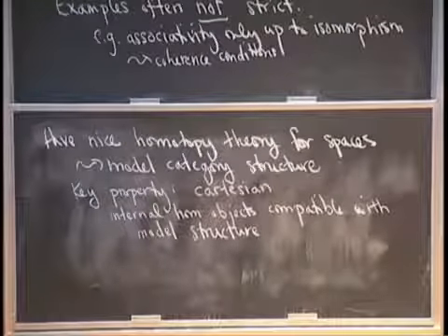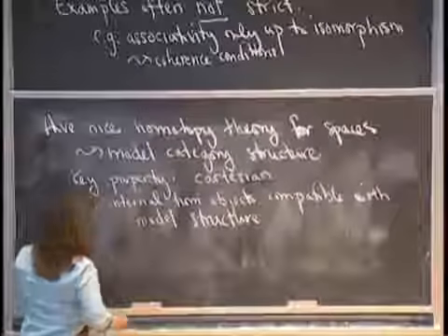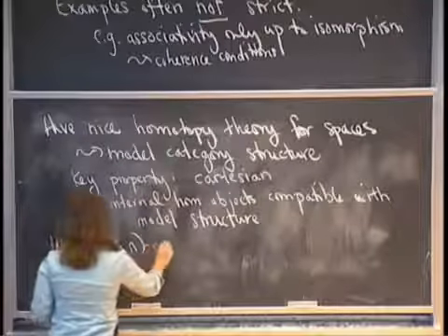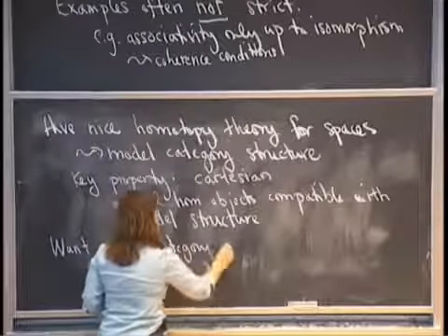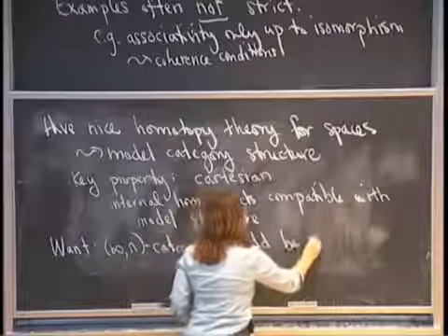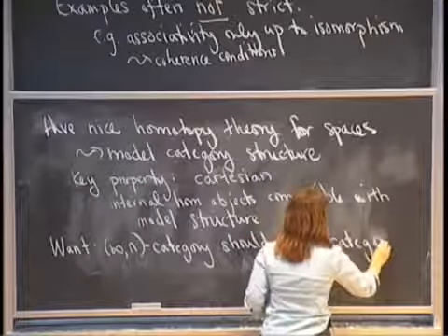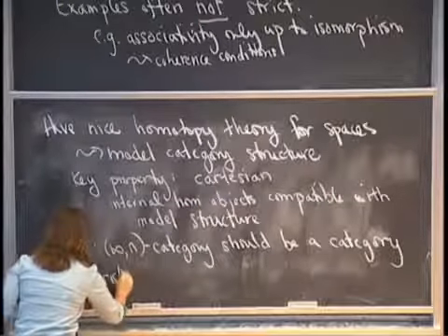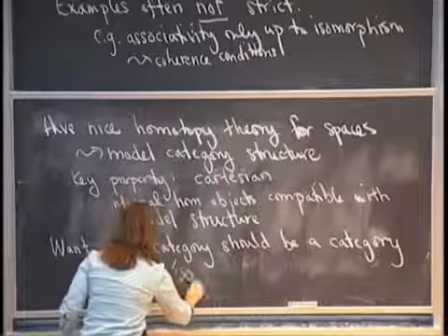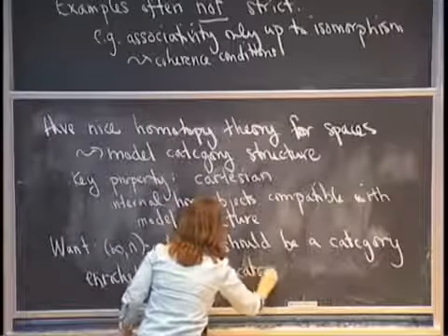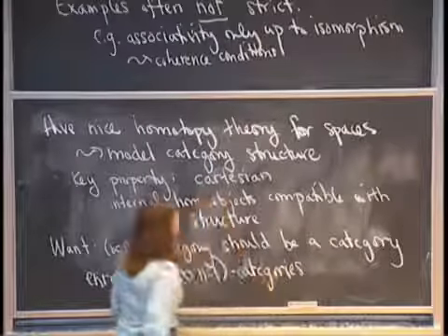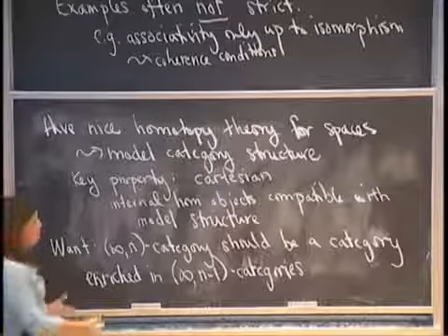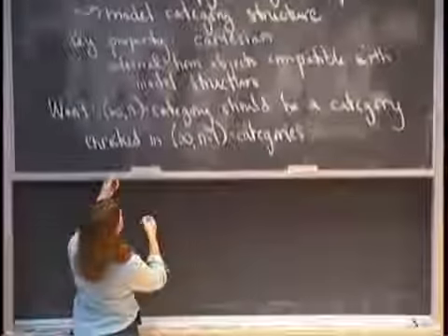But we want the same kind of principle to hold here. So what we want is that an infinity n-category should be a category enriched in infinity (n-1)-categories. So that gives us a very natural candidate for what one model for infinity one categories should be.